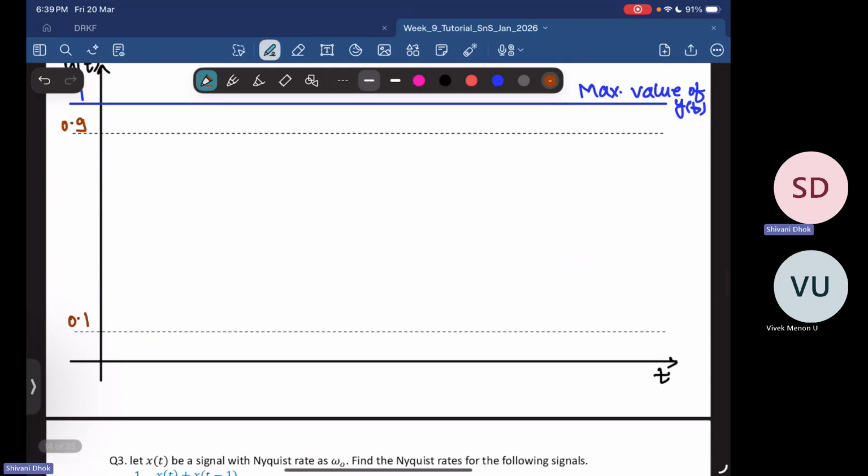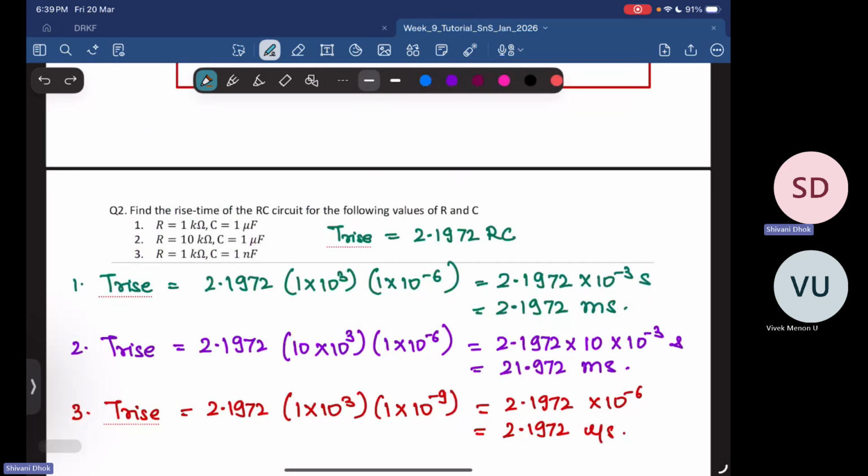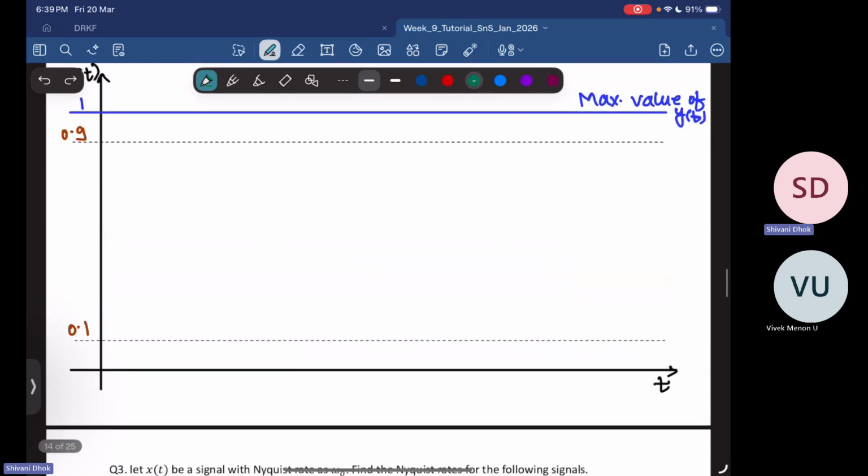So your signal output starts from, let's be consistent with the colors, it starts and then it slowly increases. Then it crosses the 90% value and then it slowly starts to saturate to 1.